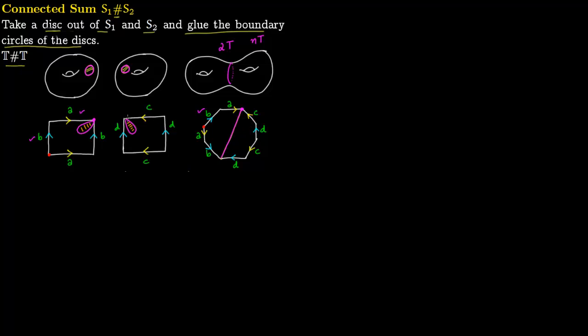Similarly for C, C is going into the line here, and then D is also going into the line here, and D is going into C, and then C is going into D right here. So you can see we have properly preserved these arrows.